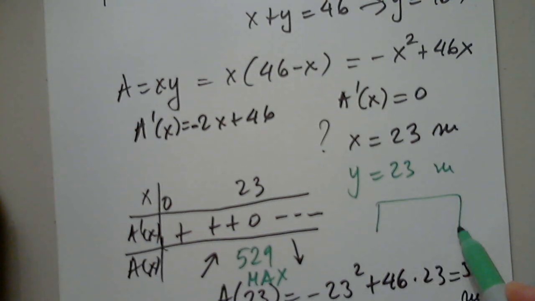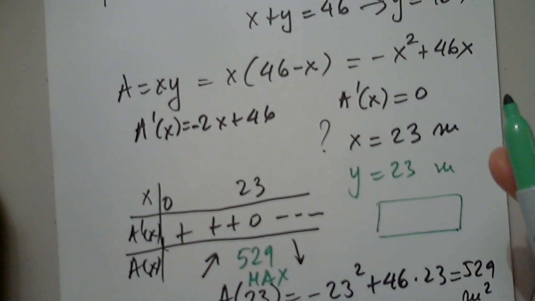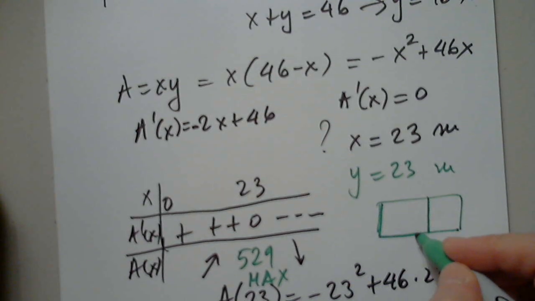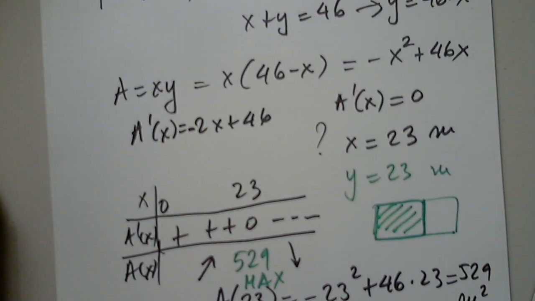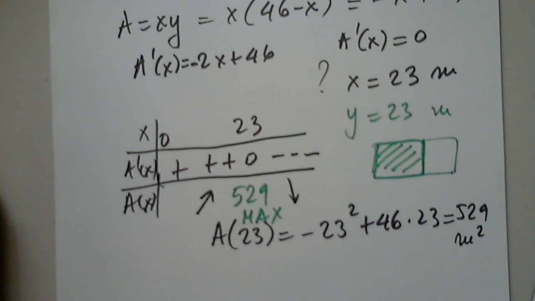The rectangle with the largest area is a square. Is this okay? Yeah, that's right. Perfect.